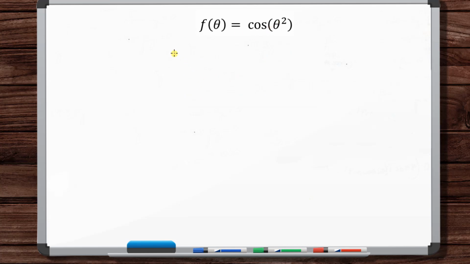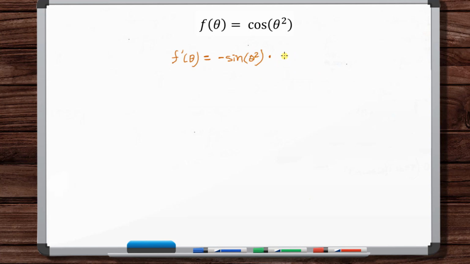Okay, so the biggest picture we've got the cosine of something. Okay, we know how to take the derivative of cosine of something. That's just minus sine of that something, times the derivative of that something. It's not 1 in this case.